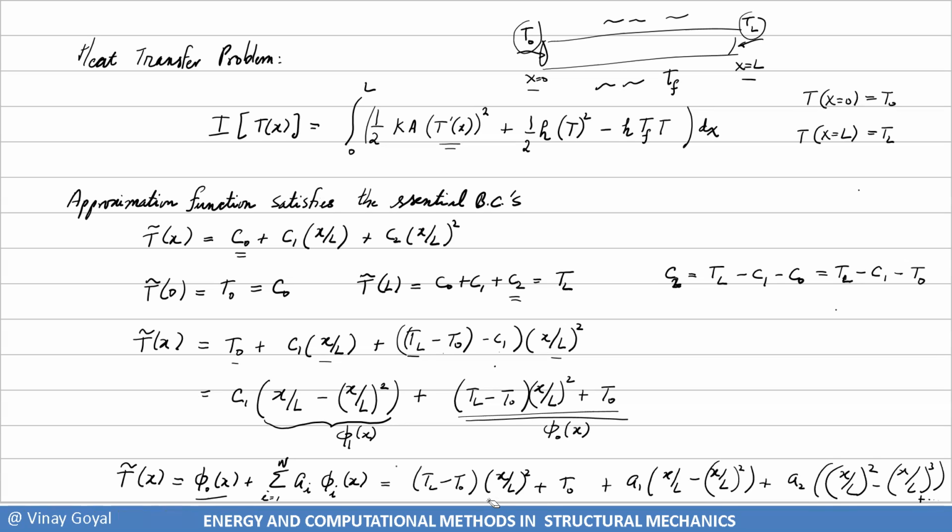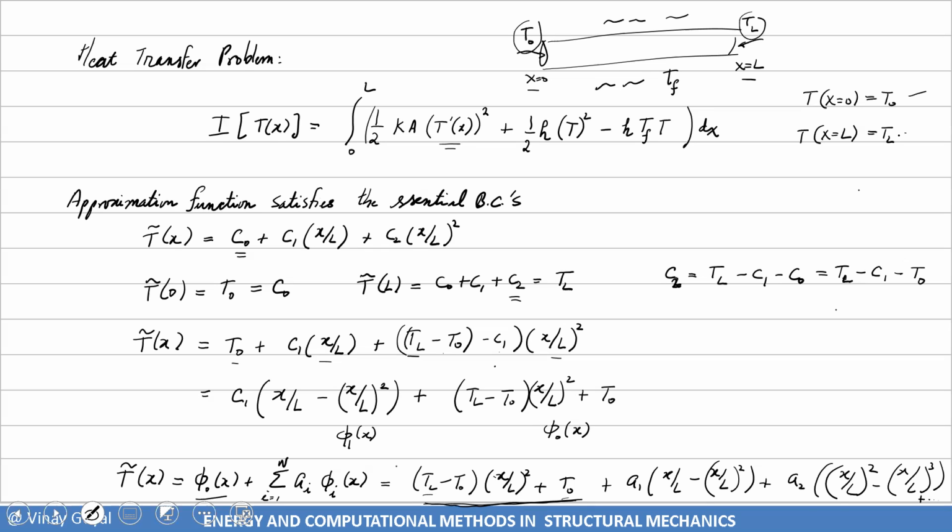So you can see here in our example, and let me remove all these lines so it's a cleaner presentation for you guys, that this is phi naught. If I plug in x equals 0, I get T naught. So this works out. If I plug in x equals L, this cancels out, I get TL.